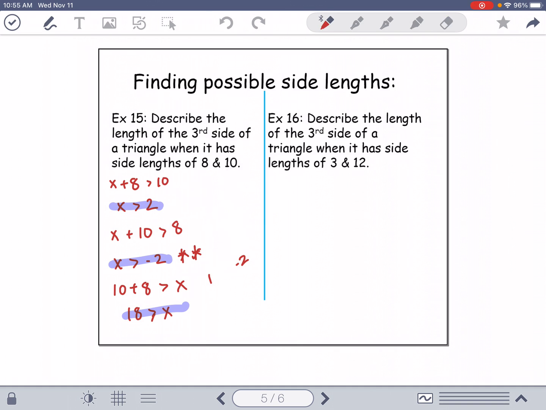I looked at them the wrong way. So here, when greater than +2, you are always greater than -2.